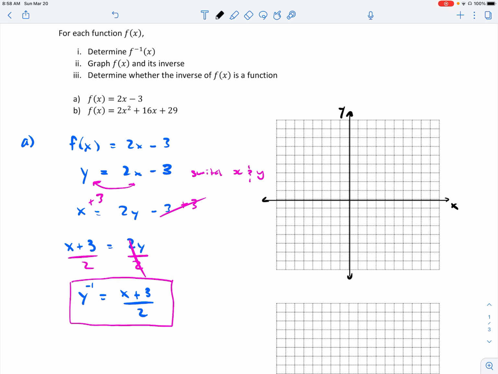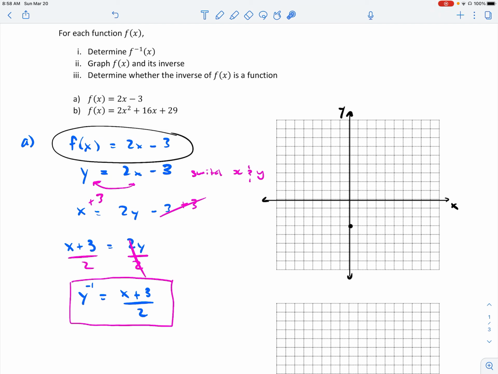Okay, so we'll do the original one in black. I can see that it's in slope-intercept form. The y-intercept is -3. Okay, I know that from the -3 here. That's the y-intercept, the b value. And the slope is 2. I can see that from here.